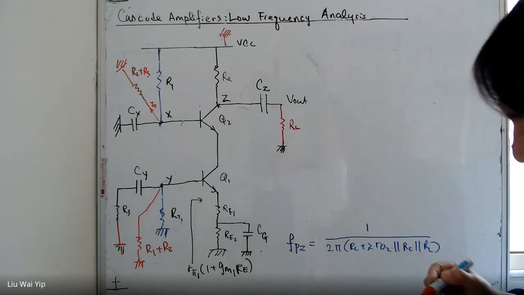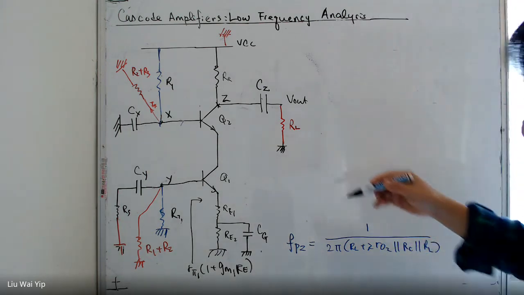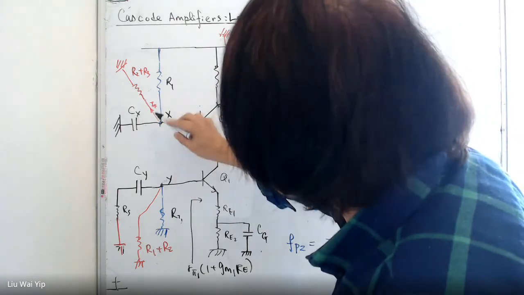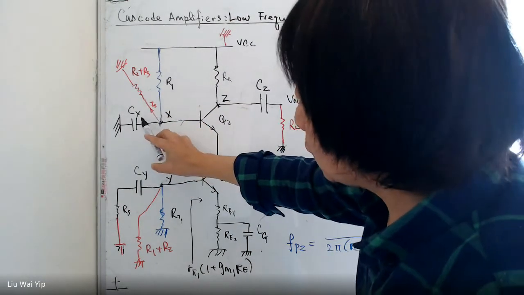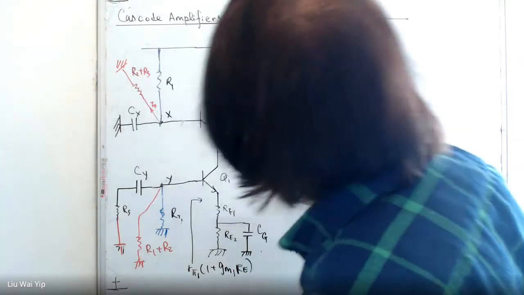So we have this node here, and we are going to find the pole associated with CX.